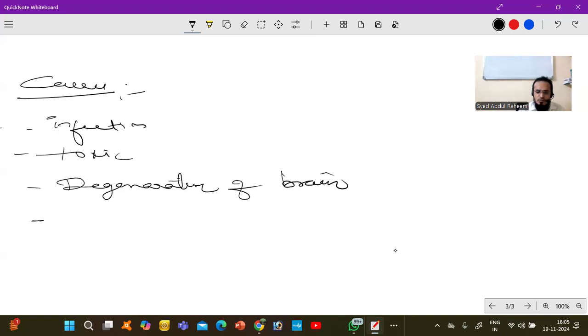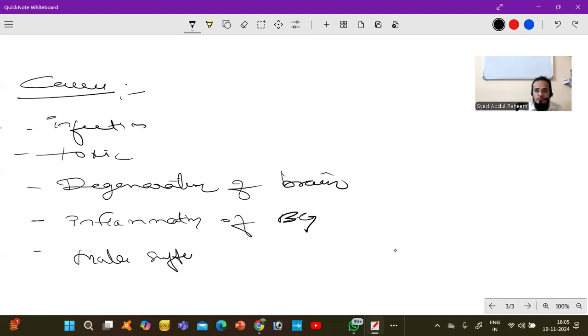And mostly inflammation of the basal ganglia, also lesions in the basal ganglia or cerebral cortex. In this, males suffer more than women.